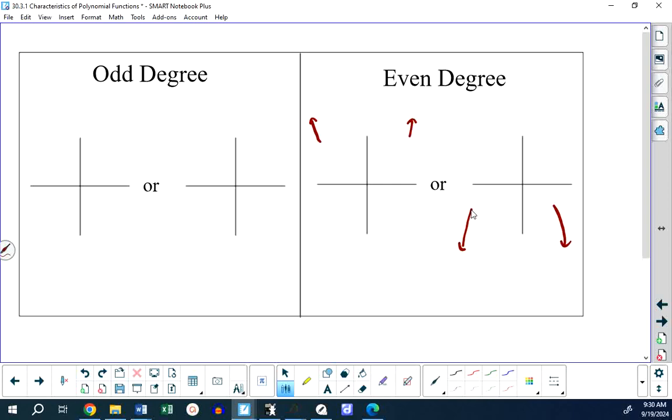By the way, I want to point out to you, and you need to add this, if it looks like this, the function, don't forget function is another way of saying y, must have a minimum value.